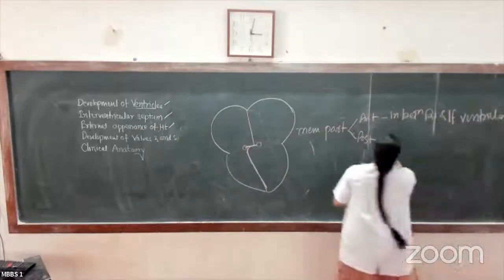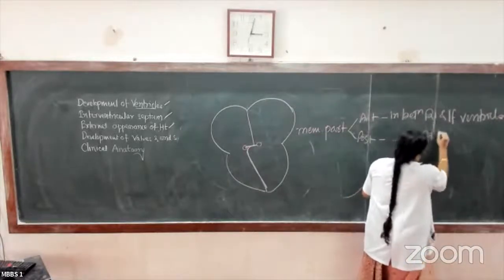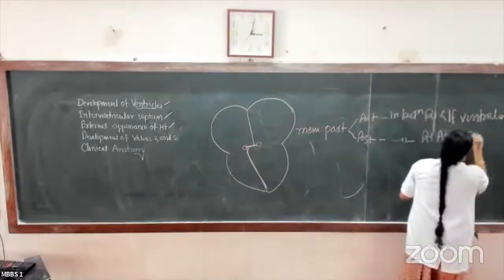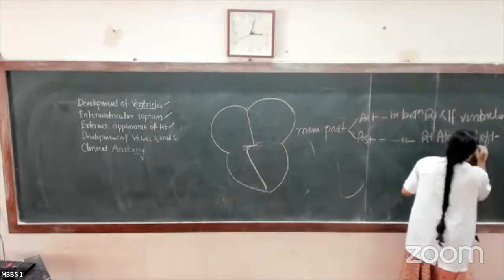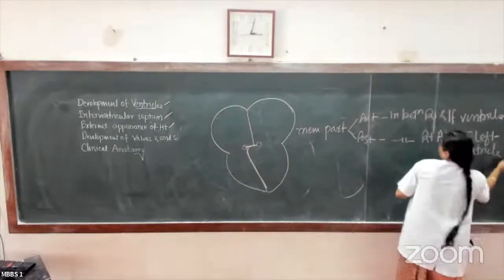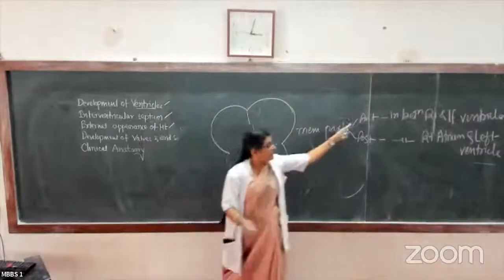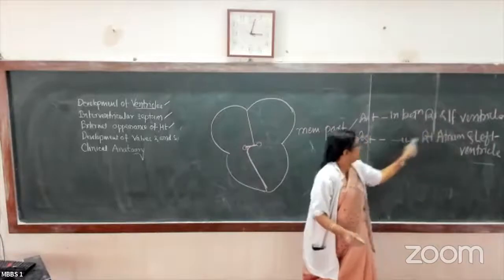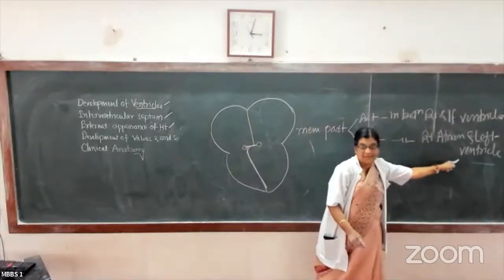But posterior part is in between right atrium and left ventricle. This is very important. See, membranous part is having two parts, anterior part and posterior part. Anterior part is between right and left ventricle, and posterior part is between right atrium and left ventricle.